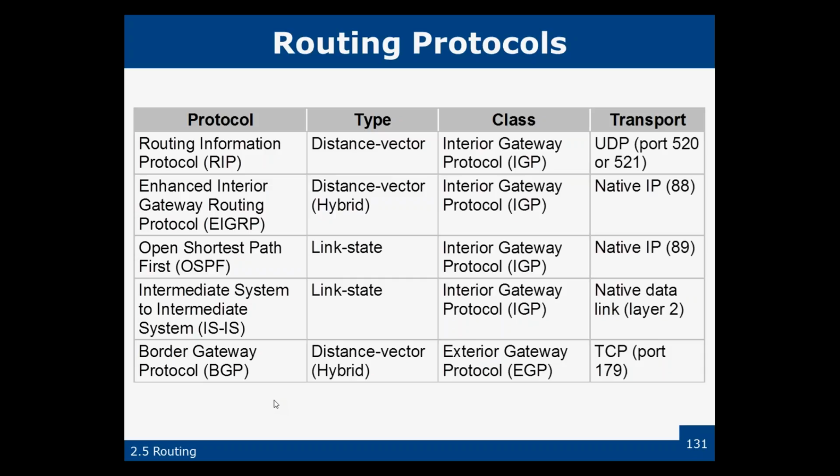And RIP does send the entire routing table. It's sometimes called routing by rumor because it shares everything and sends it to the next router. The router adds a 1 to the hop count and then sends that information on down the line. One of the problems that can happen is if part of a route goes down and the other end has information that says, oh, I know how to get there, and it sends it back.